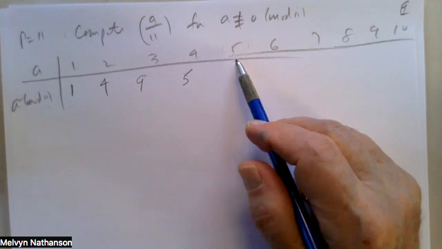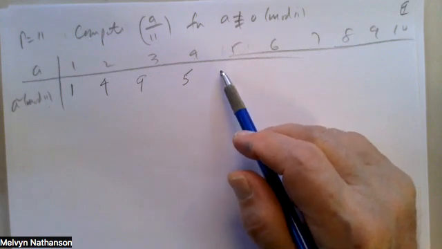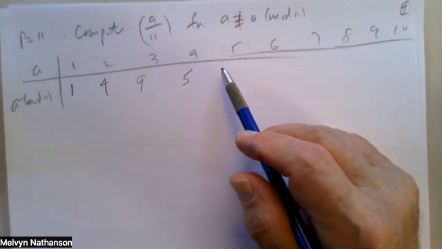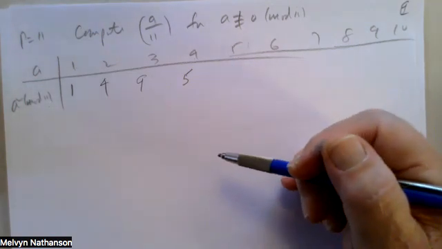What is 5 squared, mod 11? 5 squared is 25.